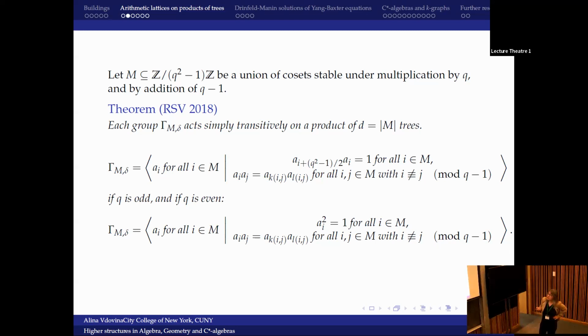Those relations just mean that a with this index is the inverse of a_i with this index. It's just for the notation, right? Of course, we could write inverses, and here we would have much more complicated presentations.